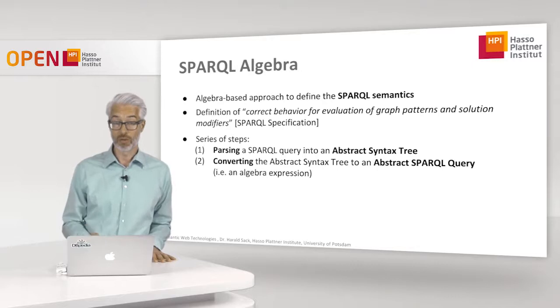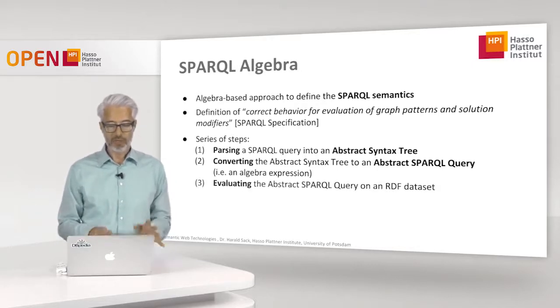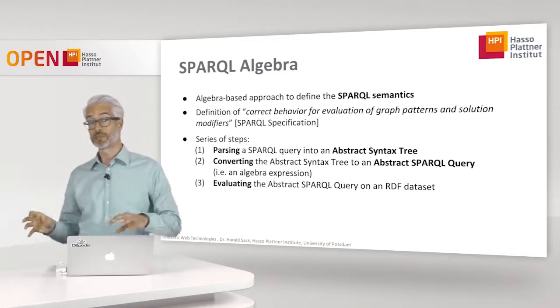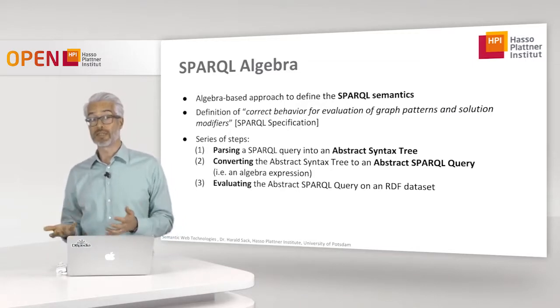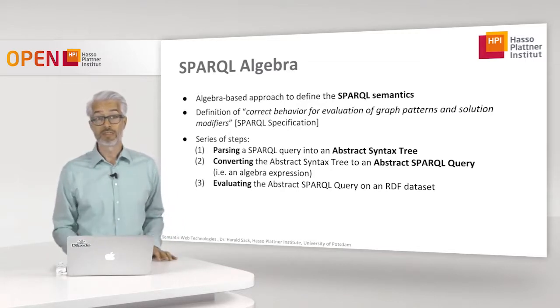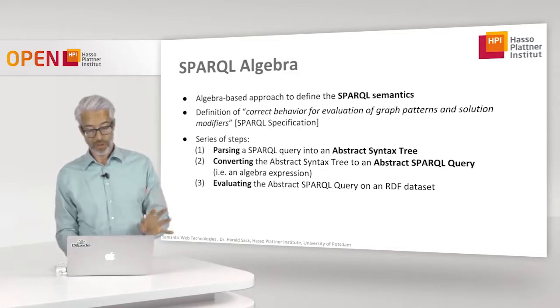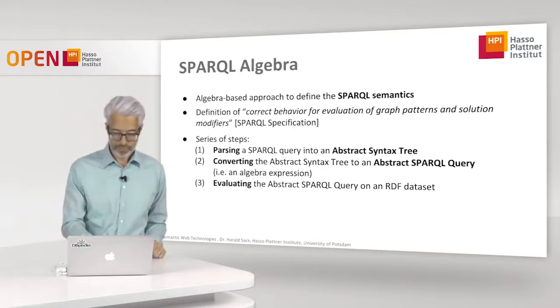We will see how this is achieved. And then in the end, with this algebraic expression, you can evaluate the SPARQL query, which is then a so-called abstract SPARQL query, on a given RDF dataset. So this usually is the way the evaluation works. 3 parts: parsing, converting, evaluation.